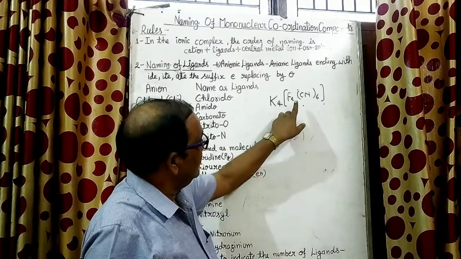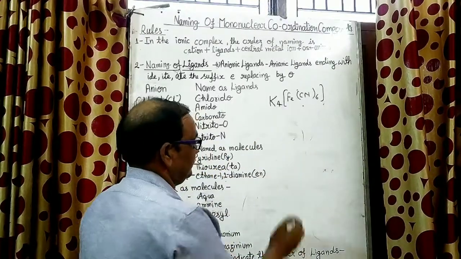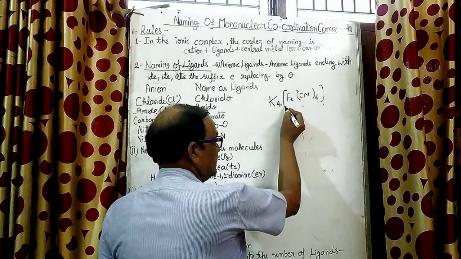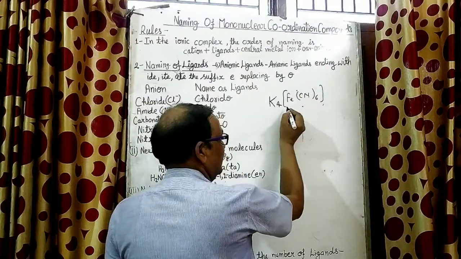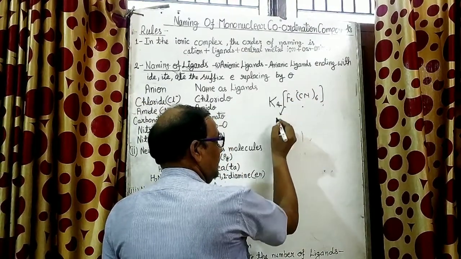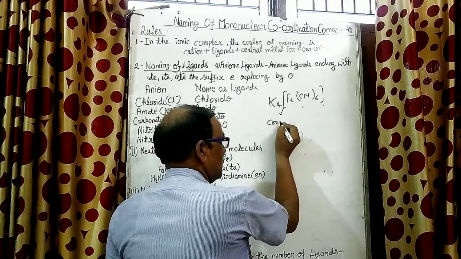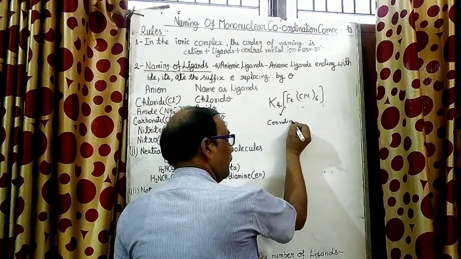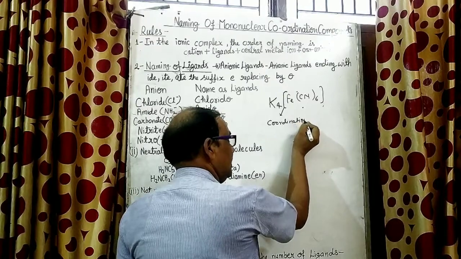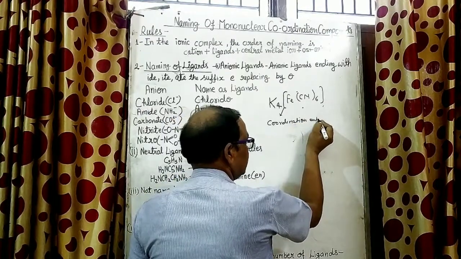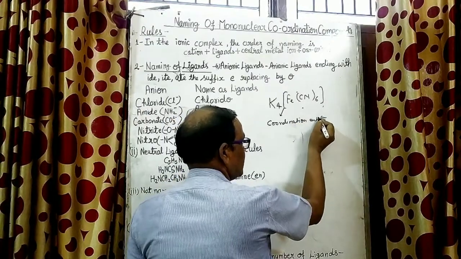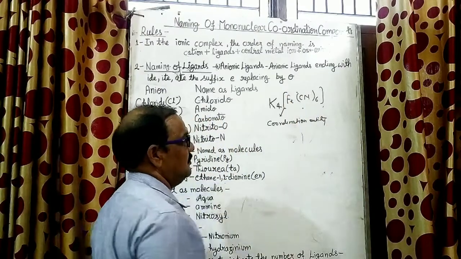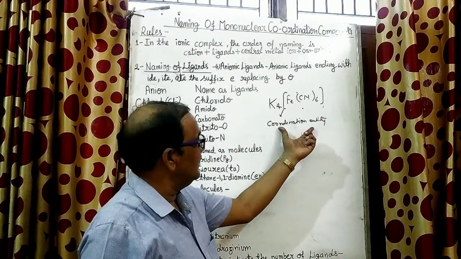Okay. In this complex compound, this square bracket indicates the coordination entity. This coordination sphere indicates what? Coordination entity.